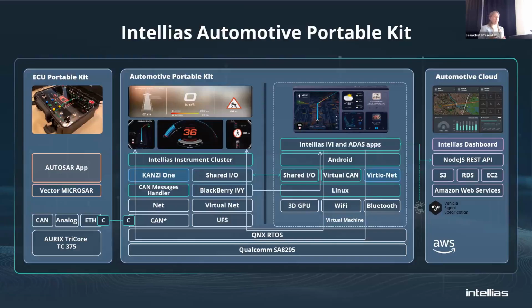And the second one is based on Qualcomm, and it has an instrument cluster, IVI and ADAS screen, and we can emulate different car signals and show different scenarios on the cluster, like in the car. So the idea is to get speed limits from the cloud, process them via the adaptive AUTOSAR installed in the portable kit, and show the speed limits on the cluster.